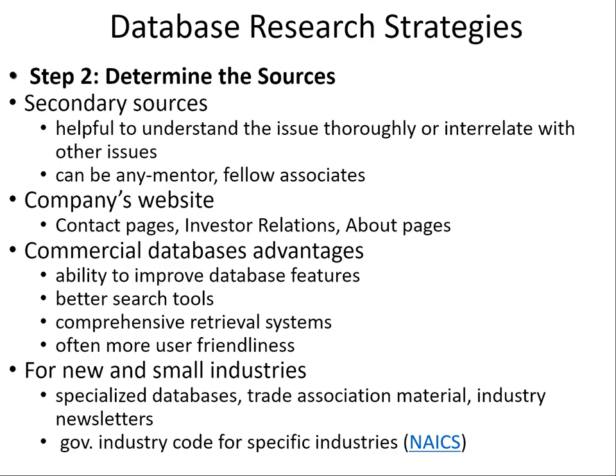So these can be easy sources to get the information. You may also want to check the company's web pages and contact the employees there. That could be the first source you can spend time with.